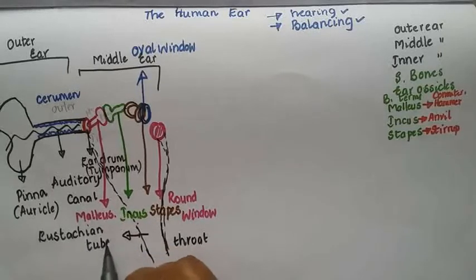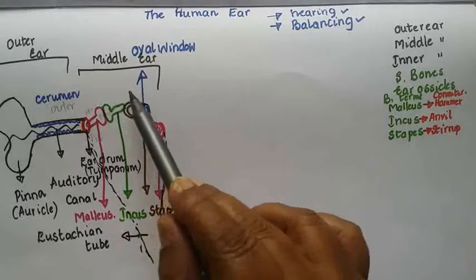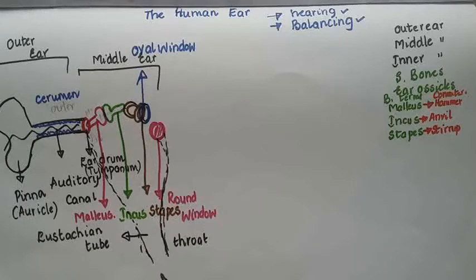So what is a Eustachian tube? It is a tube-like structure that connects the middle ear to the throat. In case they ask you about the location of the Eustachian tube, it connects the middle ear to the throat. Okay, so these are the structures found in the middle ear.